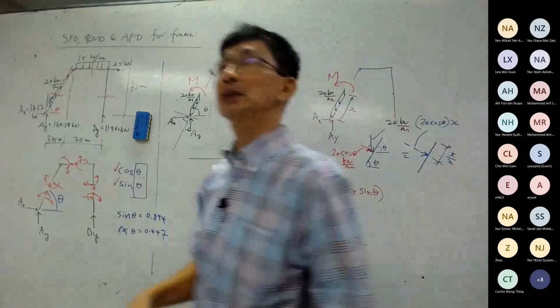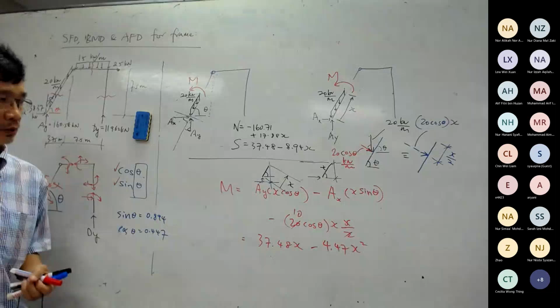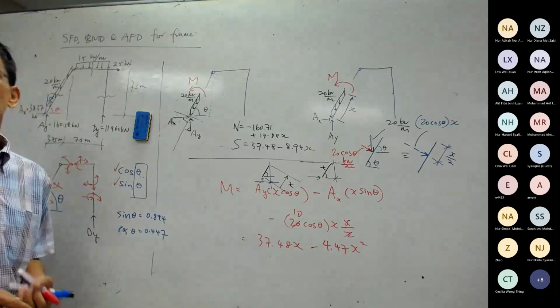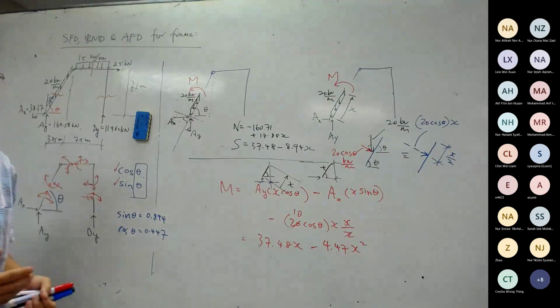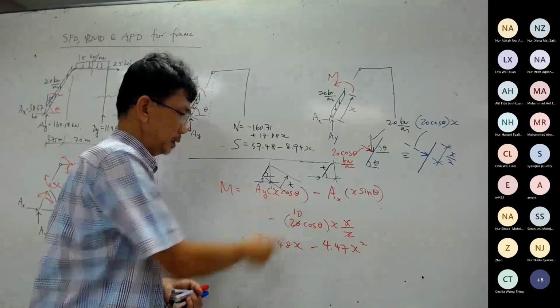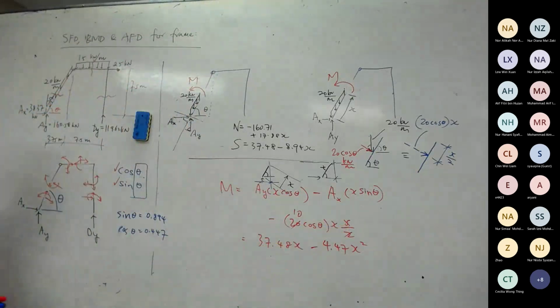So for bending moment, there are two ways that you can get the bending moment equation. It will be the same at the end. It depends on how easy it is to get the perpendicular distance. And remember, moment must be force multiplied with perpendicular distance.